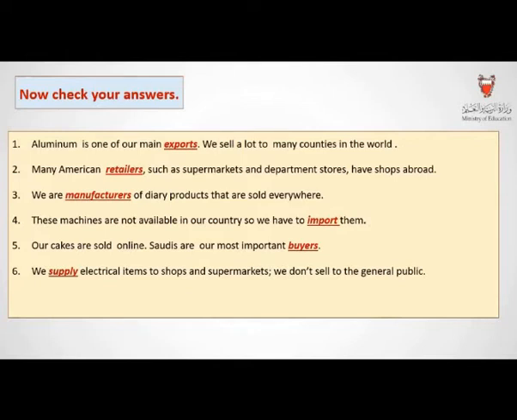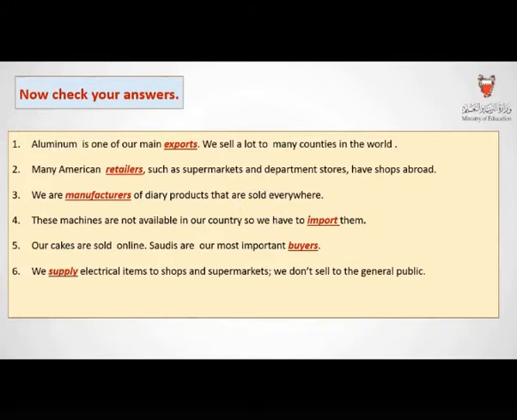So aluminum is a product that is manufactured here in Bahrain, and we take it to other countries for sale. So this is what export means. It means to take products, goods to other countries, all right, and you sell them. So this is what it means to export.